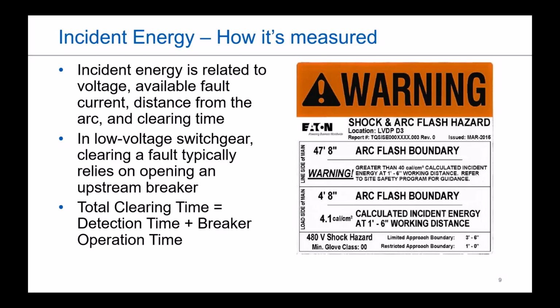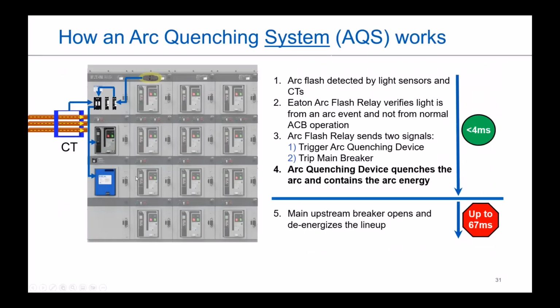And one of the things that I didn't really cover, because again, it's specific to our gear, and I try to keep this as generic and open as I can for learning purposes, because I want to focus on the technology, not really our specific solution. But you can see here on this illustration that there's a little light. That is the arc quenching system active light. So for our gear, that light should always be on.